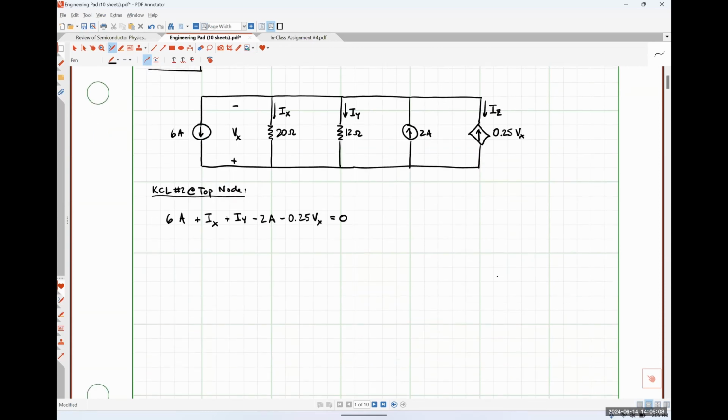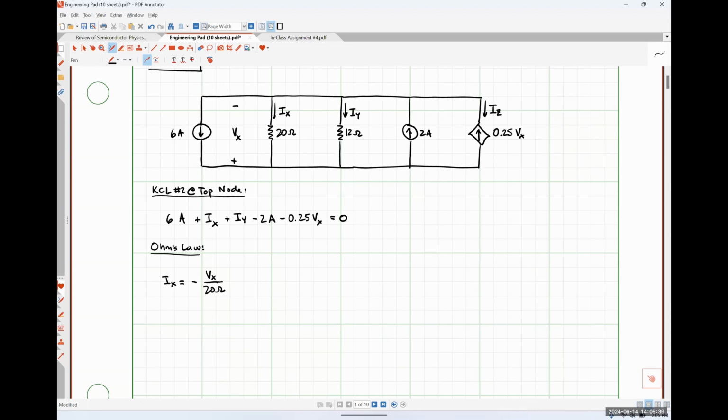Now I'm going to use Ohm's law in order to express IX and IY in terms of my voltage Vx. So let's do that here really quickly. So I can say that Ix is going to be equal to negative Vx over 20 ohms.